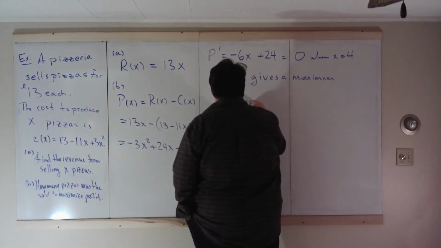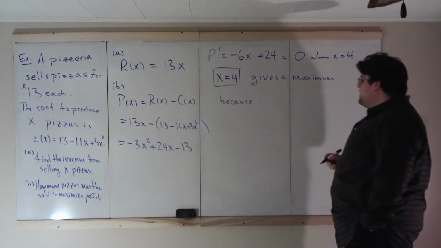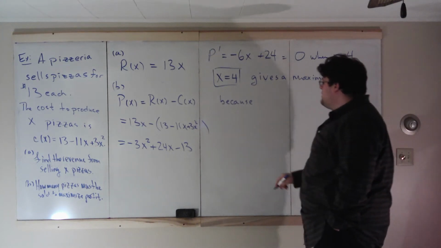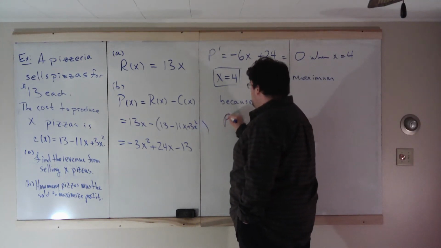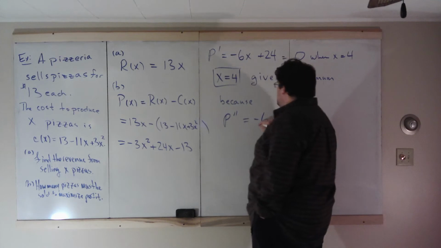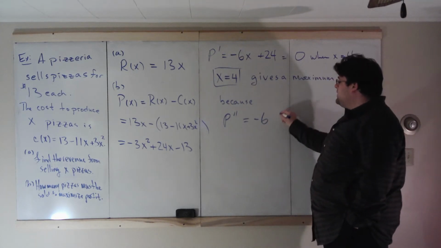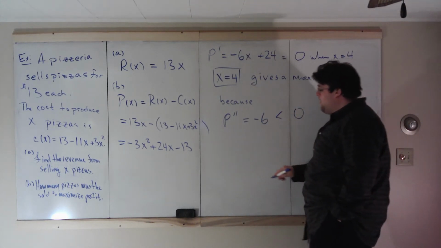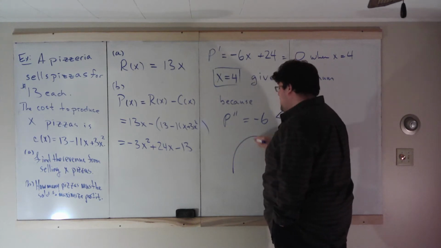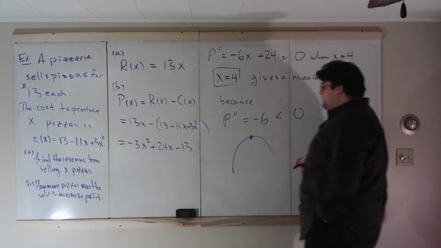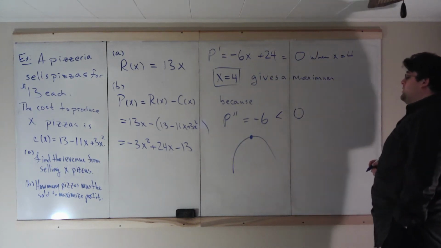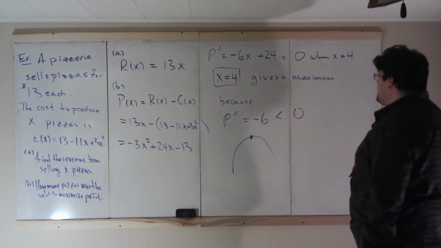Well, we're going to do the same type of argument as before by taking the second derivative. P prime prime is negative 6. That's always negative. The function is always concave down. So the critical point will give us a maximum.